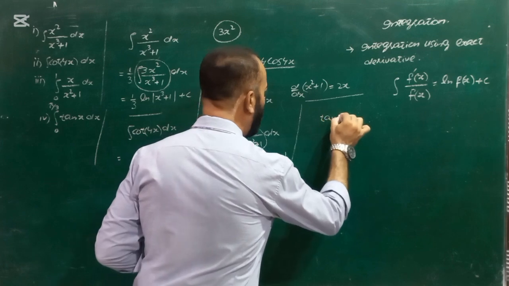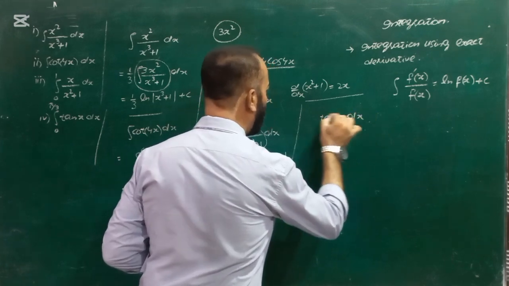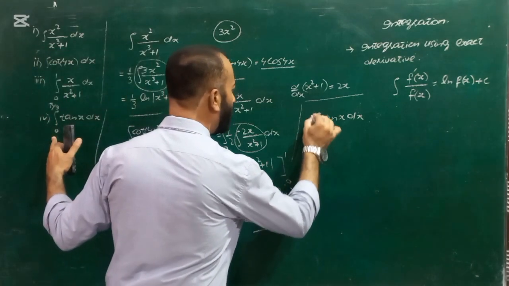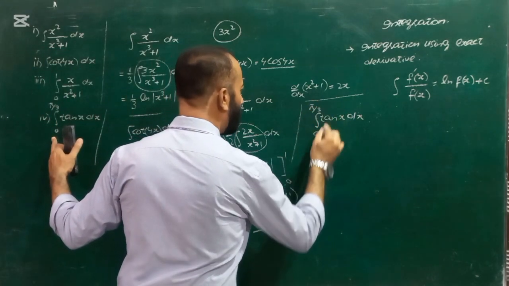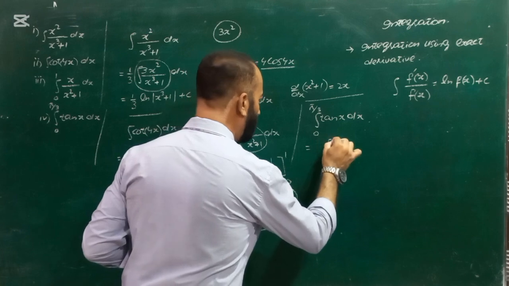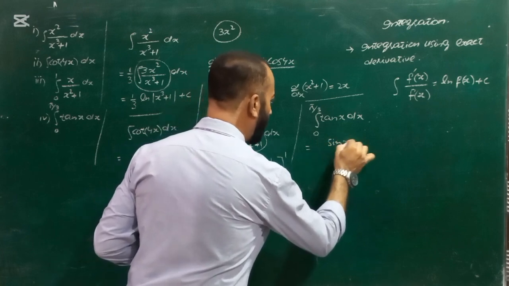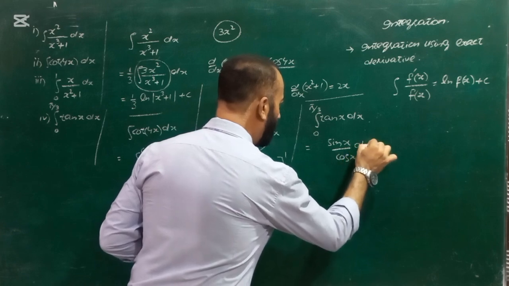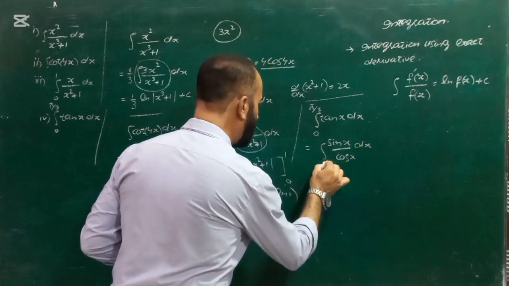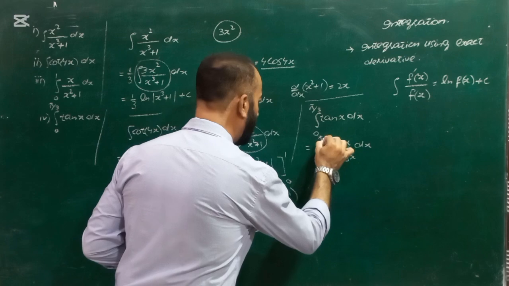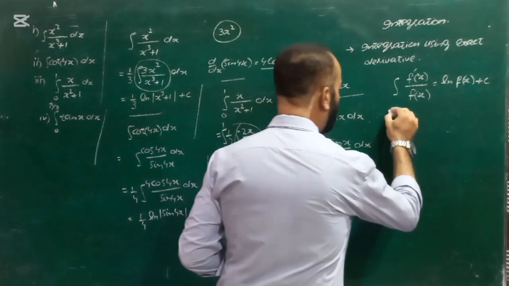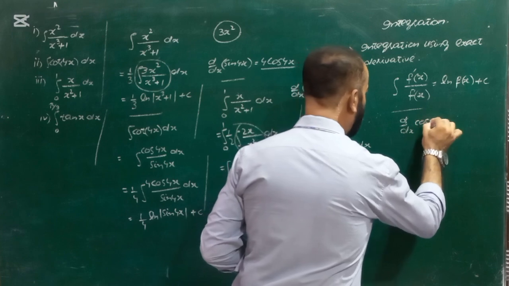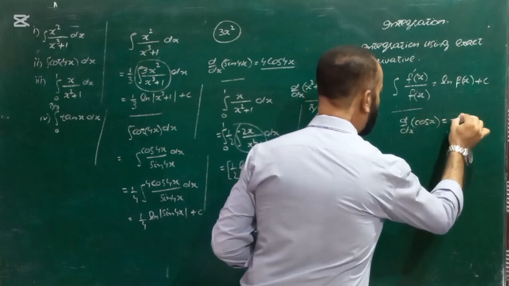So integrate tan x dx, limit is 0 to pi by 3. So first we will put the formula of the tan x, that is sin x over cos x. Rest of the things will remain as it is, that is 0 to pi by 3. Now you know that the differential of the cos x is minus sin x.